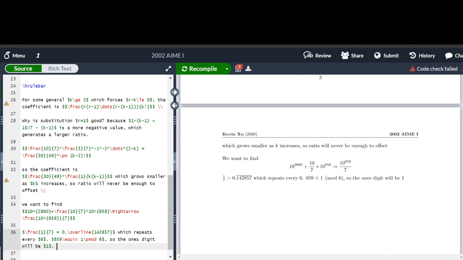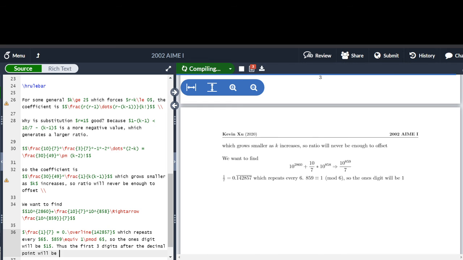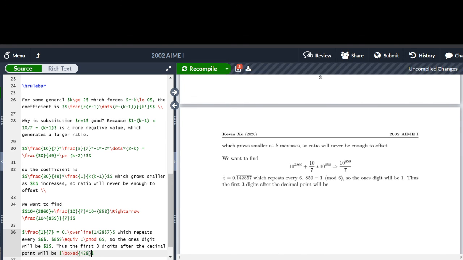And thus, the first 3 digits after the decimal point will be 428, which is the numbers that come right after 1.